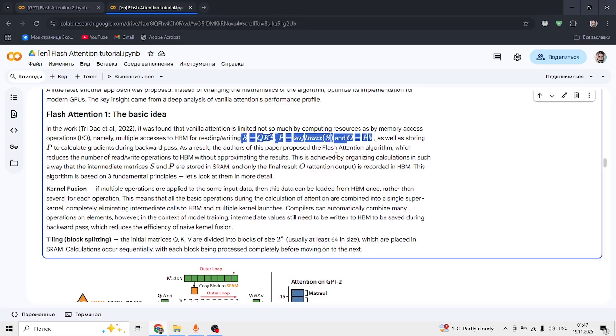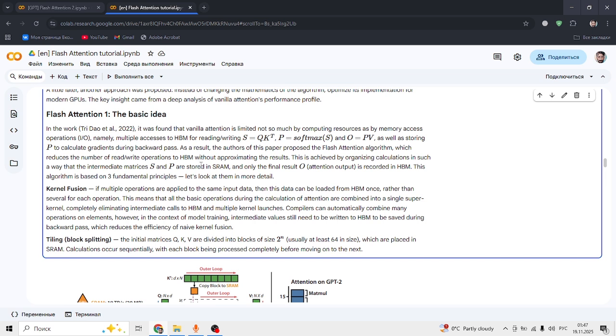The authors of this paper propose a new approach which reduces the number of read-write operations to slow memory without approximating results.